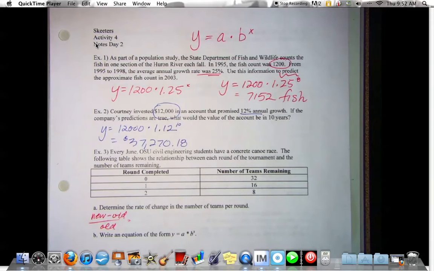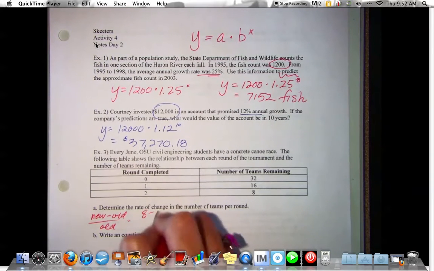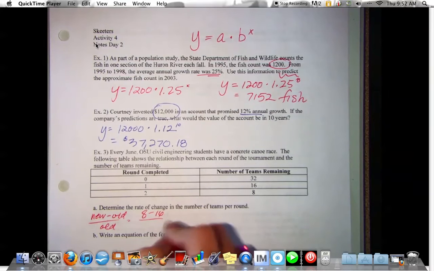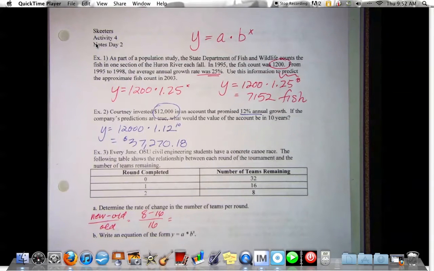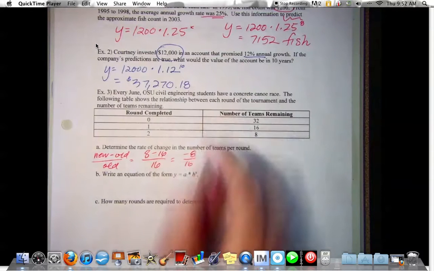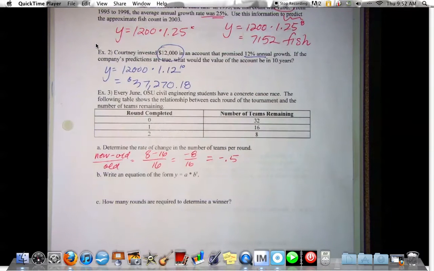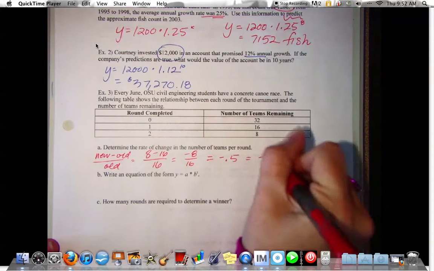So what is our newest population? 8. Old population? 16. So 8 minus 16 gives me negative 8 over 16. Negative 0.5. What is that as a percent? Negative 50%.